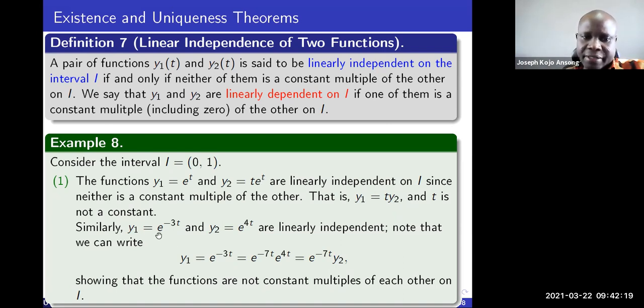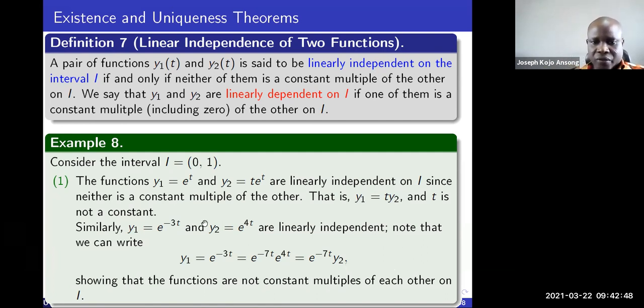The same way, e to the negative 3t and e to the 4t are linearly independent. None of them is a constant multiple of the other one. Note that we can actually write y1 to be equal to e to the negative 7t times e to the 4t, which is e to the negative 7t times y2. And this guy here is not a constant, therefore none is a constant multiple of the other one.